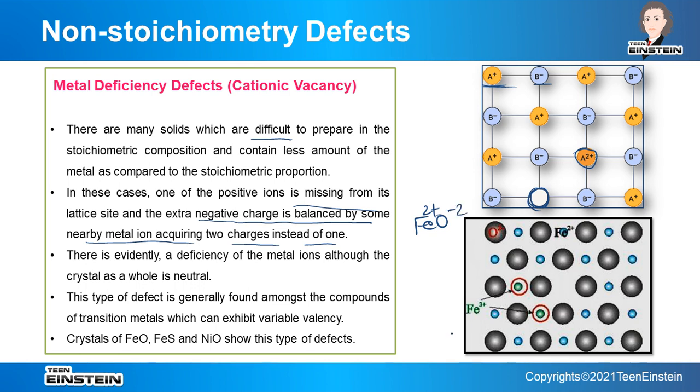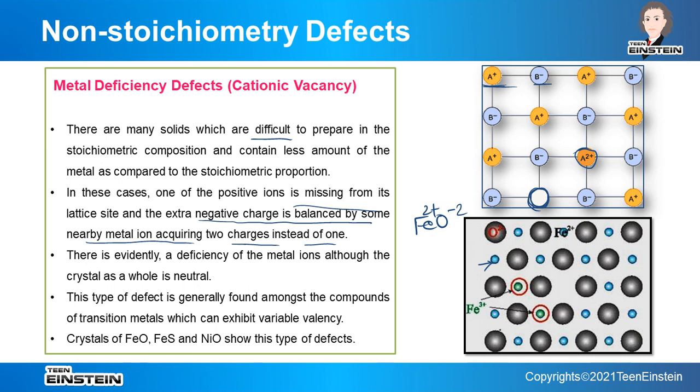So here these blue colored spheres are Fe2+. So when one Fe2+ is missing, basically 2 positive charges are missing. So to balance this, 2 extra positive charges must be created.